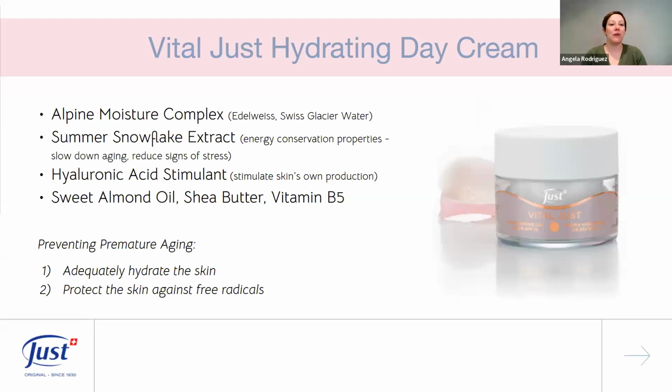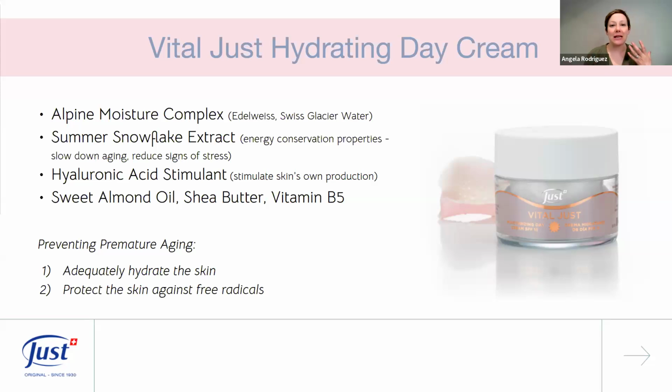Then we would follow that up during the day with the Vital Youth Hydrating Day Cream. So this has the Alpine Moisture Complex, which means we're taking our key ingredients, which are Edelweiss and Swiss Glacier water. They are encapsulated in liposomes, and those liposomes help transport them into the deeper layers of our skin so that they can really work their magic. Yes, we have Summer Snowflake Extract, which is full of energy conservation properties.